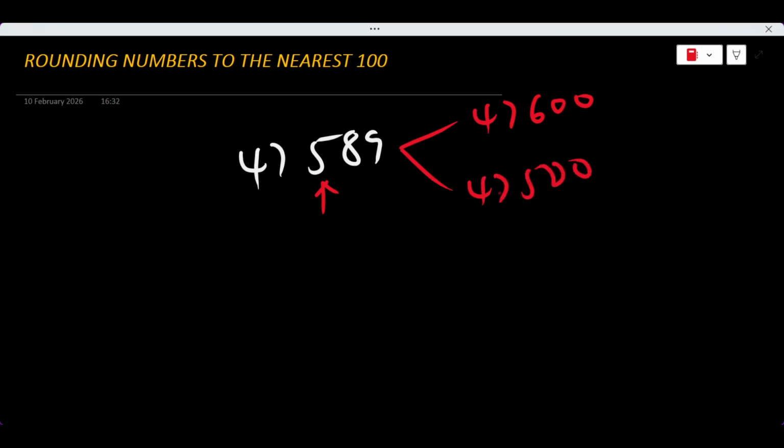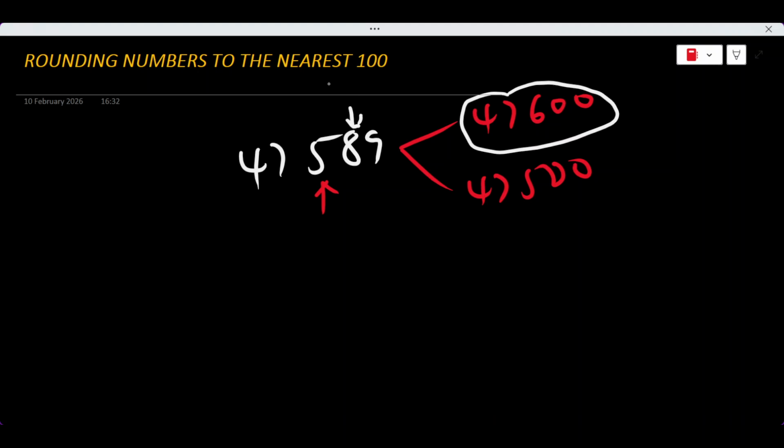So now let's consider the next digit after the 100th digit, which in this case is 8. So since 8 falls under the category of 5 or more, we round up the 5 to 6, giving us what? 47,600 as our final answer.